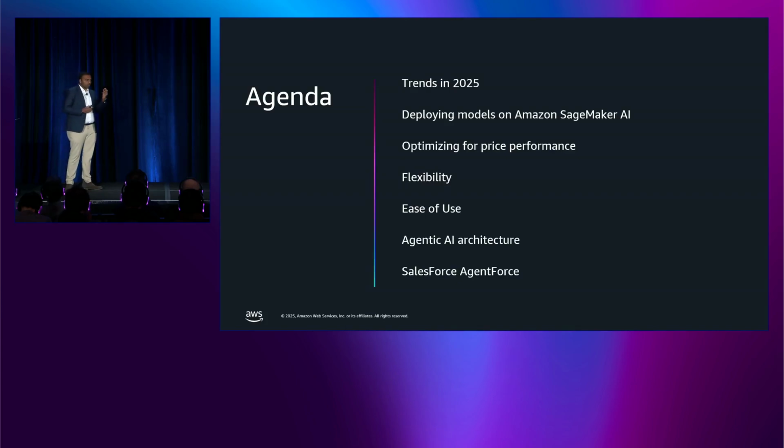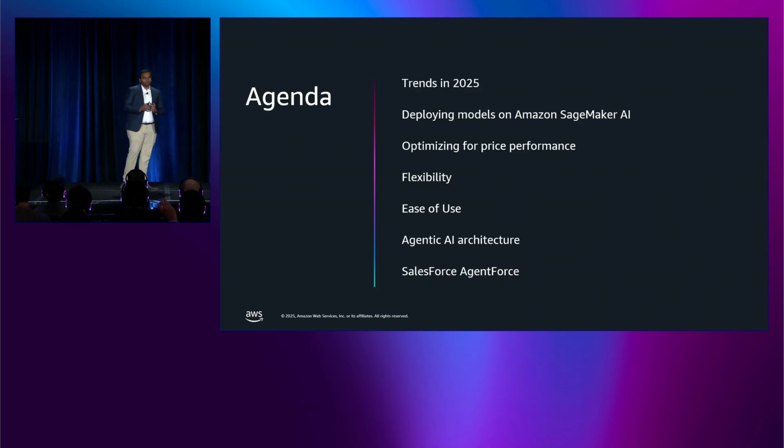So those are optimizing price performance. So we'll talk about how you can optimize your models on SageMaker AI. Then we'll talk about how you can deploy any models or frameworks of your choice, giving you the flexibility with SageMaker AI. And then we'll talk about how easy it is for you to deploy and manage your cluster of nodes with SageMaker.